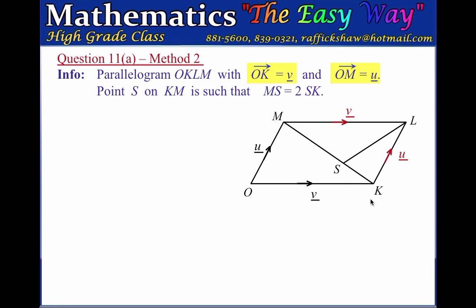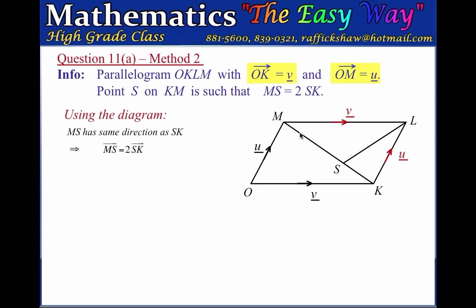Alright, so let's proceed. As I said, I'm using the diagram, and as we said before, because the direction M to S is the same as S to K, then it follows from this relationship, which is a relationship of the length, that the vector MS is equal to 2 times the vector SK.